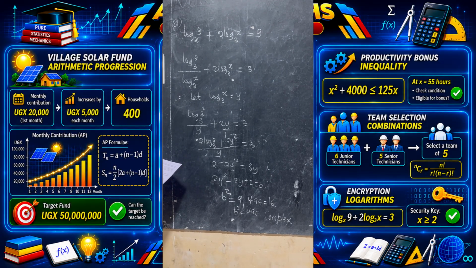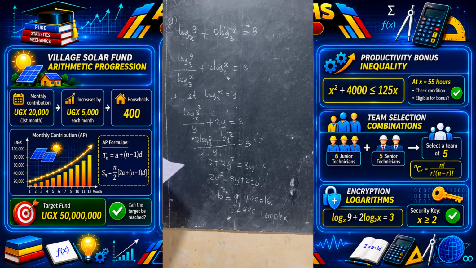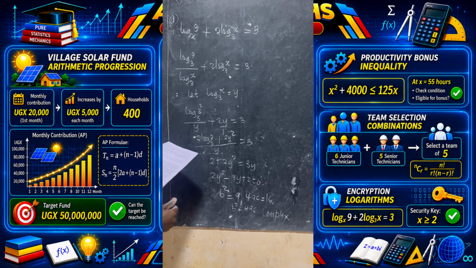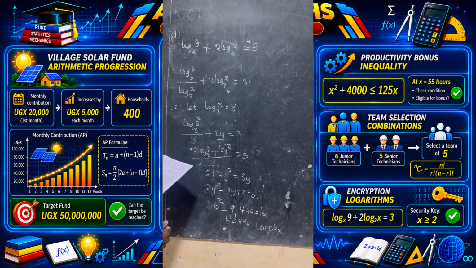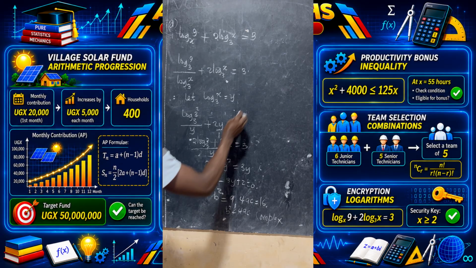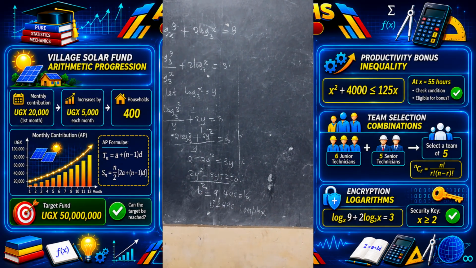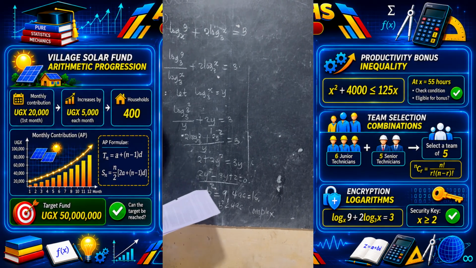Just like we saw in item 2, we shall conclude and say the viability of the encryption system is not valid. We are saying since there are no real roots for this equation, then we cannot get the key.